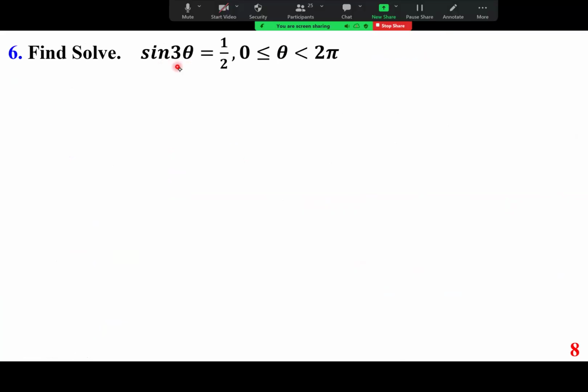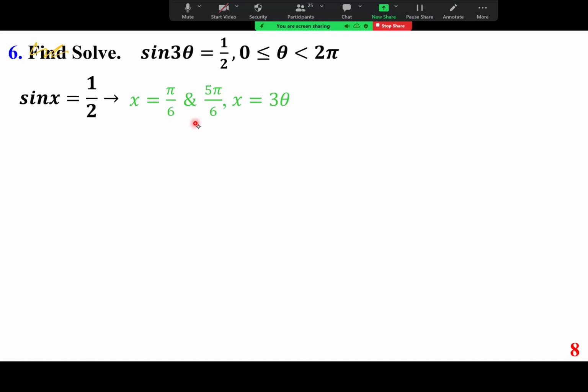So we are going to solve sine 3 theta equals 1/2, and theta is between 0 and 2 pi. So let's just go with x. Let's say this is x. So sine x is 1/2, and x is only pi over 6 and 5 pi over 6.